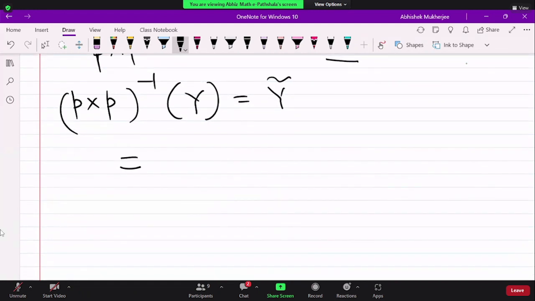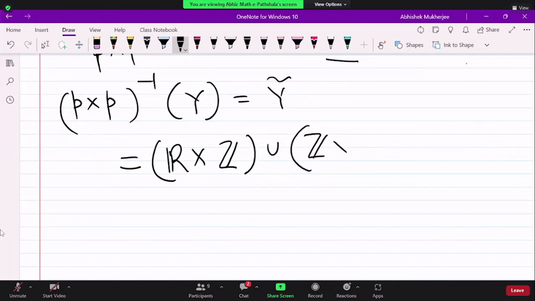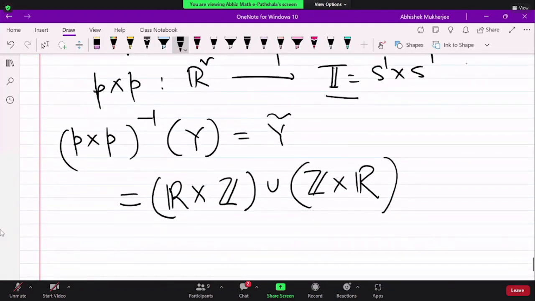You can check, this will be R cross Z union Z cross R. Because you need to consider the equations, one for this P and another one for this P. So s and t satisfying that e to the power 2 pi i t is 1, and e to the power 2 pi i s is 1, right?